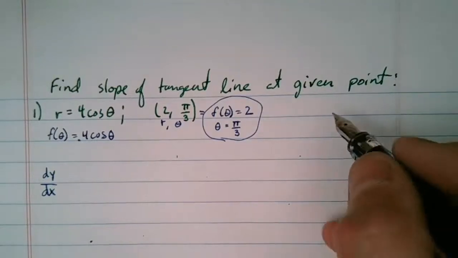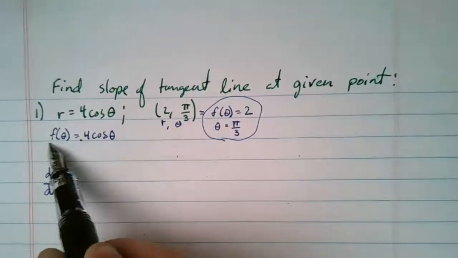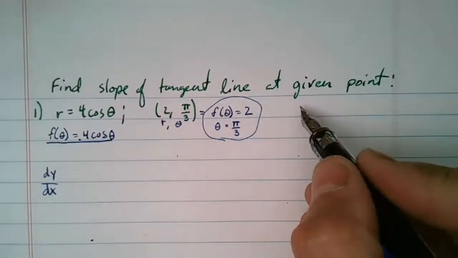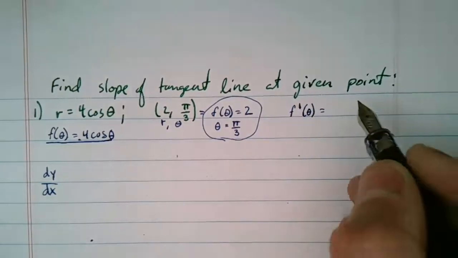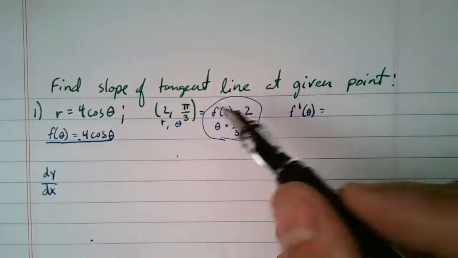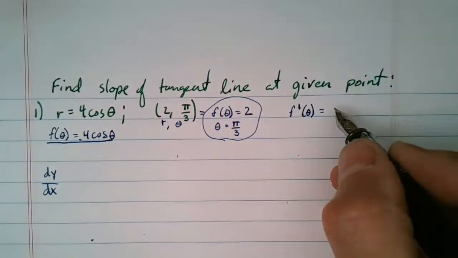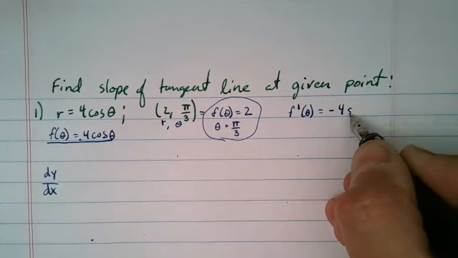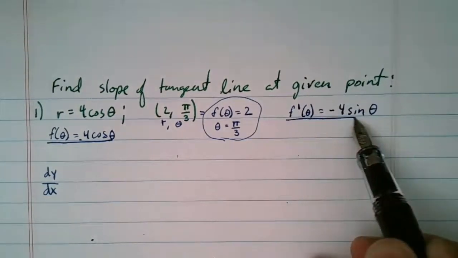Now, to find dy dx, I'm going to come over here. I've got f of theta is 4 cosine theta. Somewhere on my paper, I want to find f prime of theta. Okay, so f prime of theta, which is the derivative of 4 cosine theta, is going to be negative 4 sine theta. And I'm going to write that down because that might come in handy.